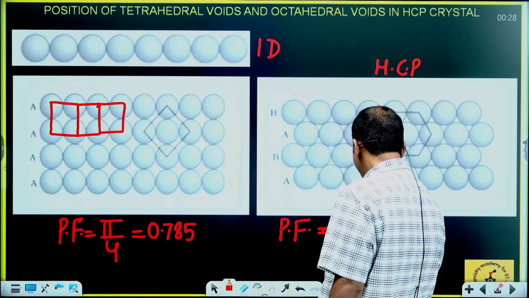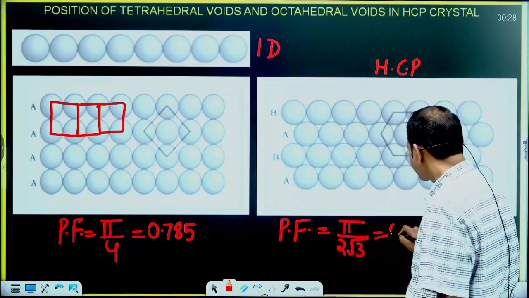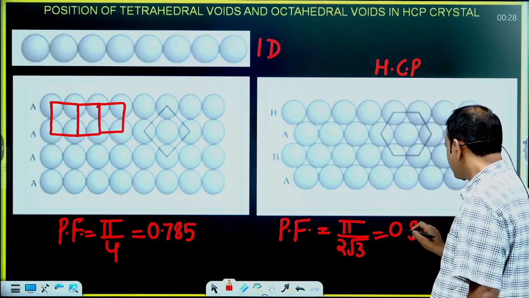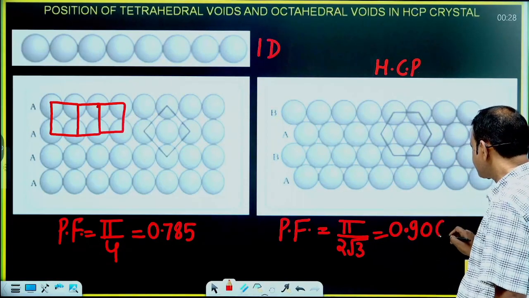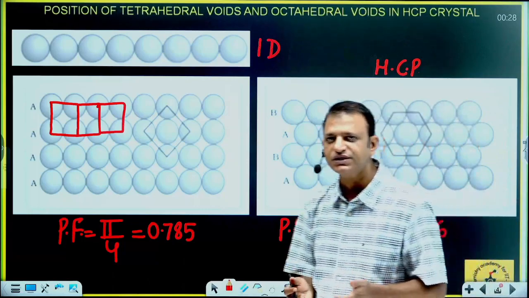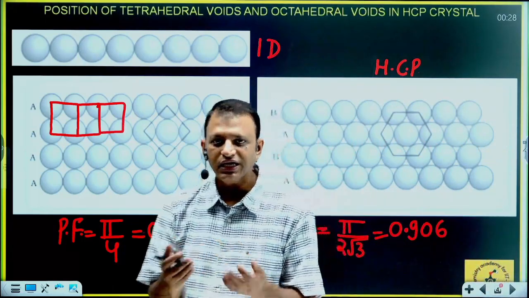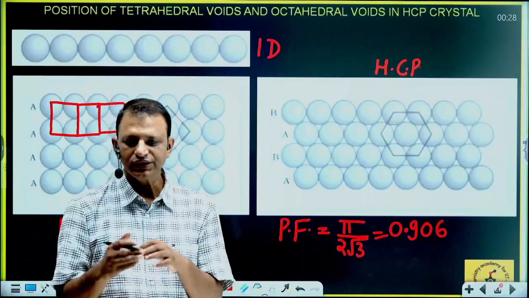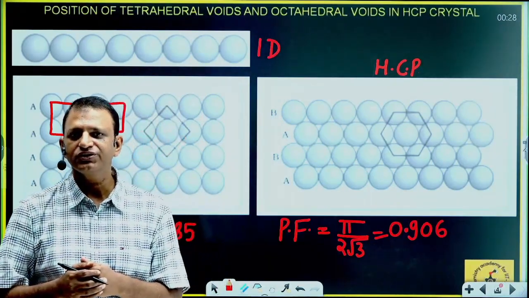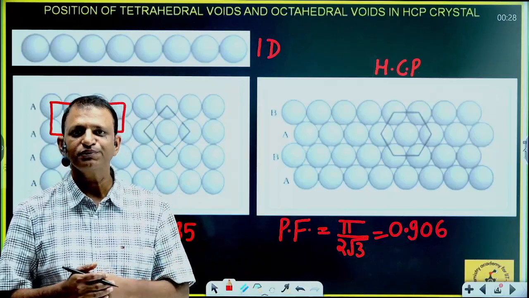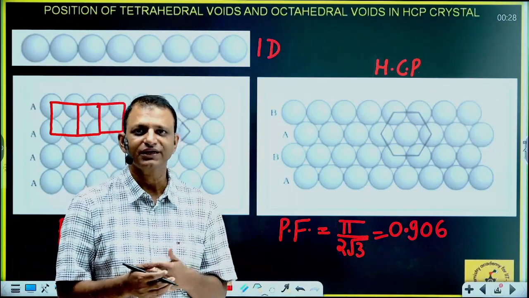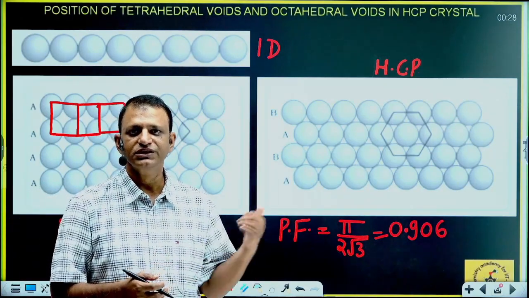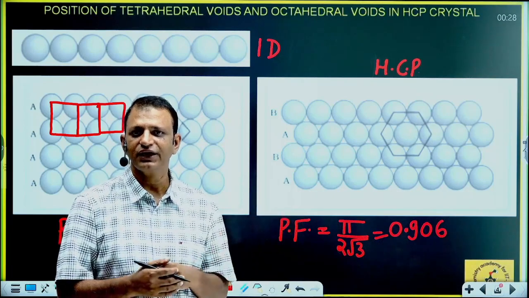And if we simplify further, we get that this value is equal to 0.906, means 90.6% of the area is occupied by atoms in this type of packing. So in close packing of 2 dimension, hexagonal close packing is the closest packing in 2 dimension, right? Because its packing fraction is greater than that of square packing.